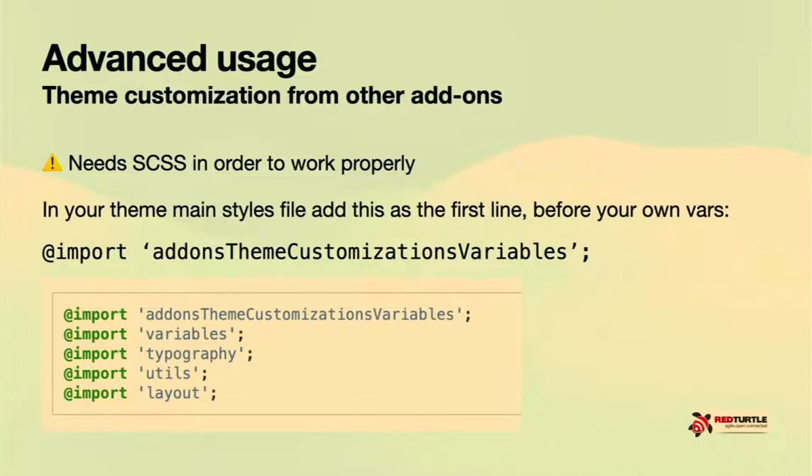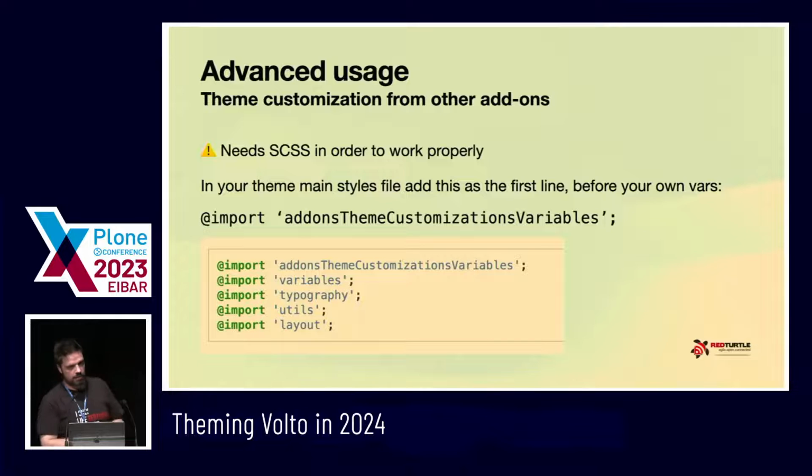It has long names, but that's good, so they don't clash and conflict with other names you might have in your file system already for your themes. So it creates an alias for variables that you can add to your main SCSS styles file. You add it before the theme variables.